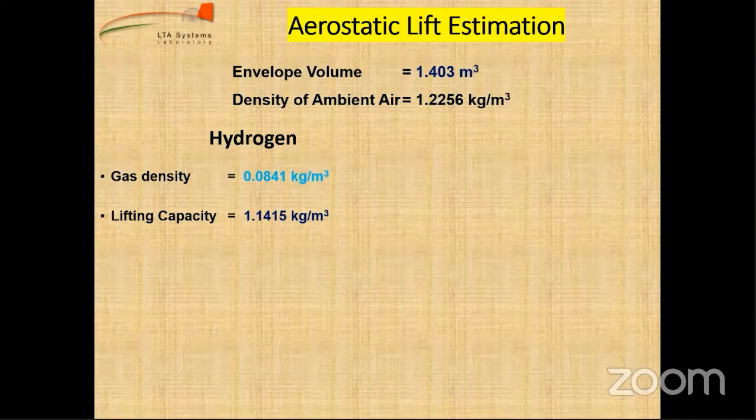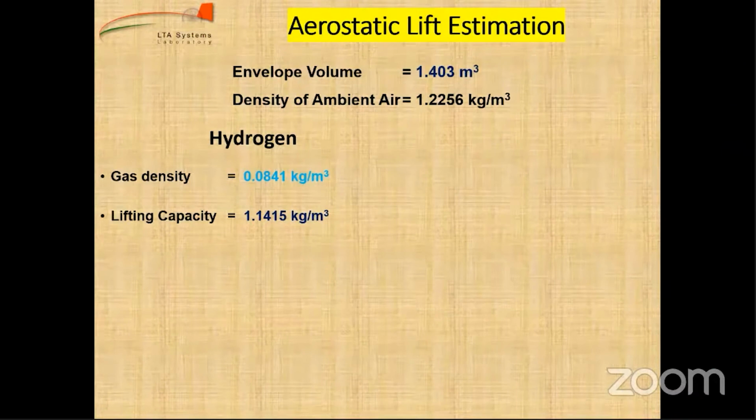By the rho A g formula. See, rho A g. Is it rho of air into area into g? Why would you involve area now? The lift is produced only by the volume, right? It is 1.2256 minus 0.0841. Correct.